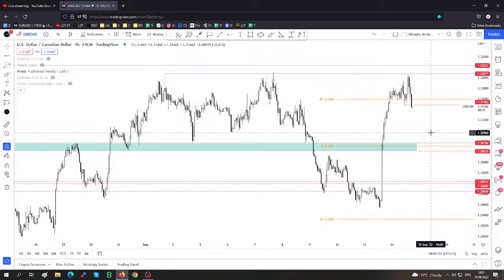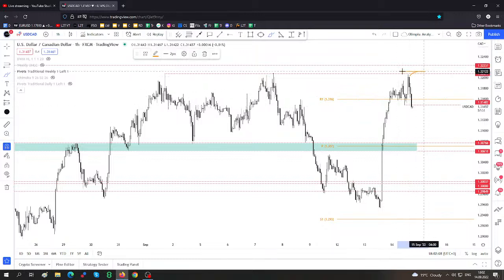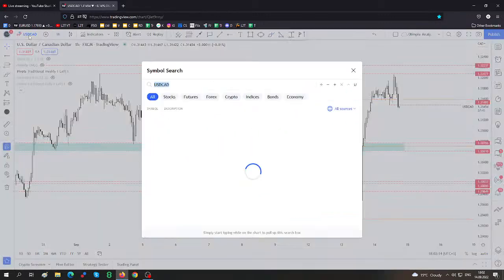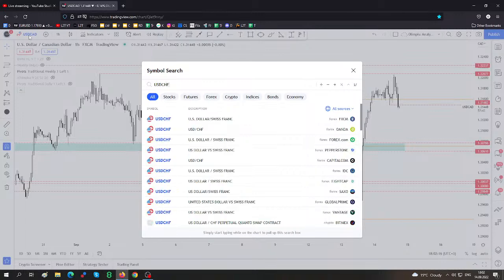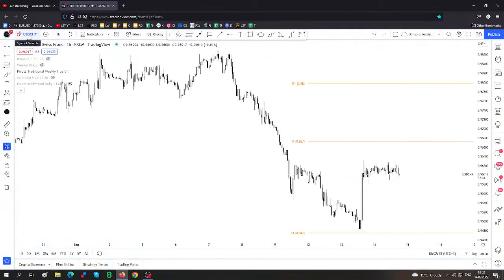I'm keeping my pending order in US dollar versus the Mexican peso, because here, I don't know, if I would have liked to sell here, yeah, I would have placed my stop loss here, but no, right now no, I don't want to sell the US dollar, as I've said.